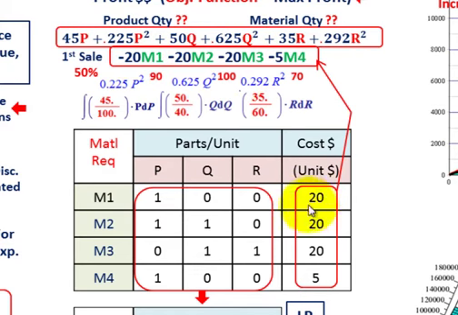You bring those cost units up here and subtract them, and then you take them times each of the materials: minus 20 M1, minus 20 M2, whatever number we're going to be using, then minus 20 M3 and minus 5 M4. Just take it off your table here. Your material unit cost, do the subtracting times each of those quantities.